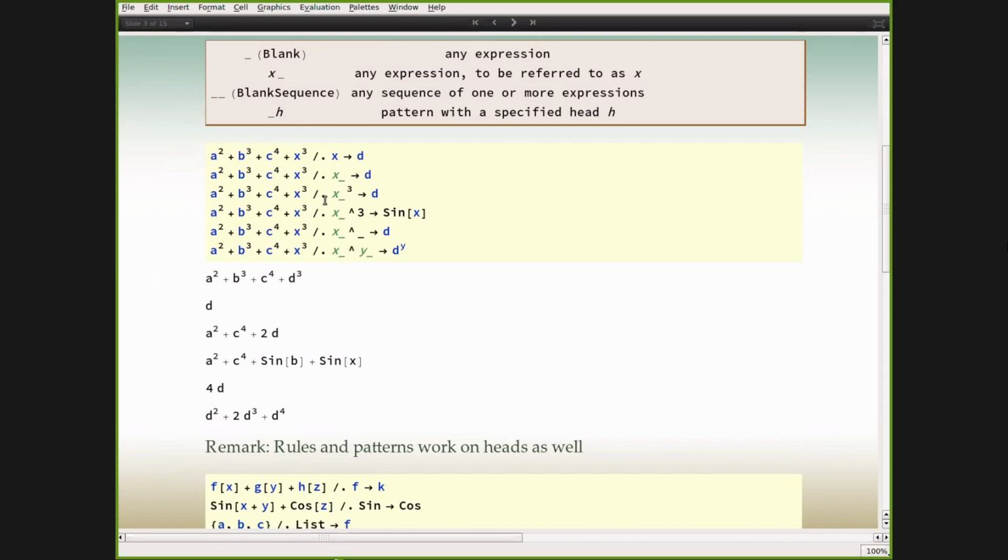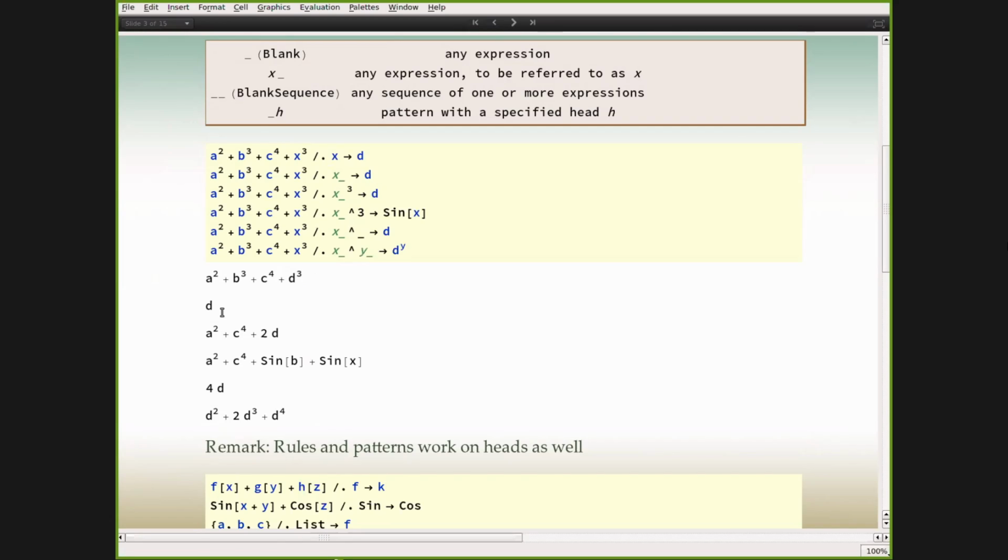And here, for example, we have a, b, c, and x to some powers. And I'm saying that I would like to change x to d. So the only thing which changed is this x. And now I'm saying that I would like to take any expression which I will call x, and I would like to change it to d.